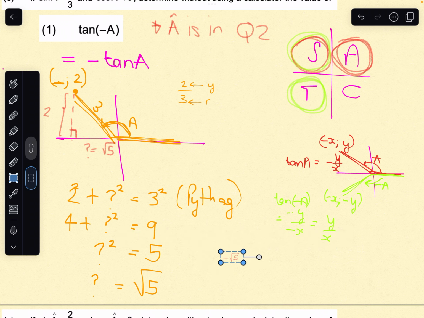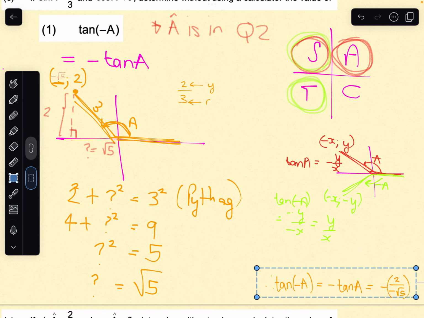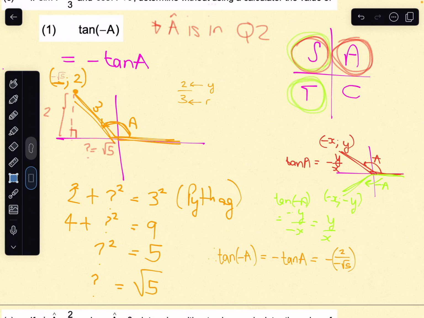Don't you just wish you could write exams like this? My goodness, so much fun.